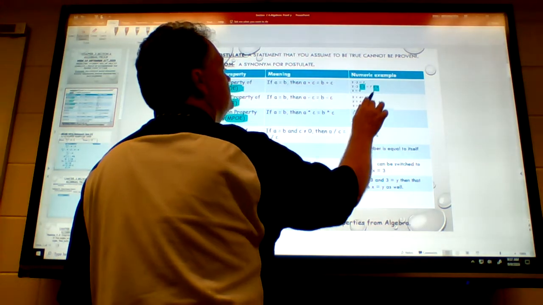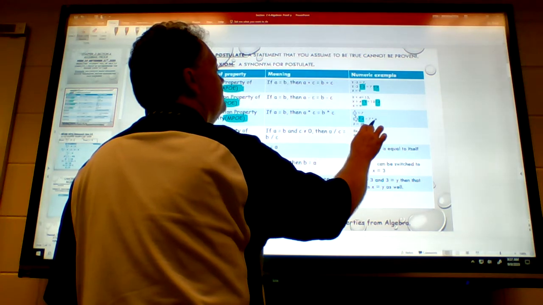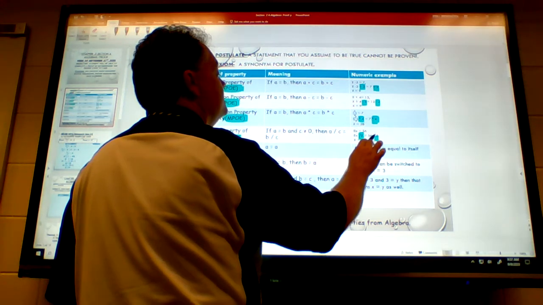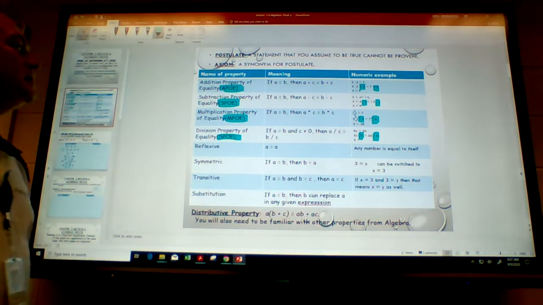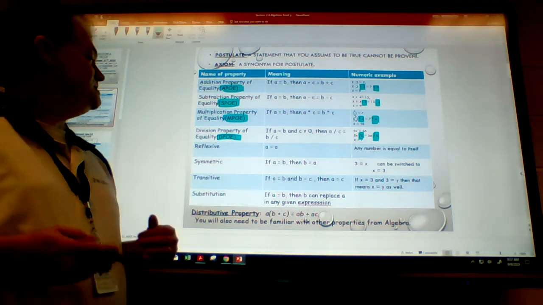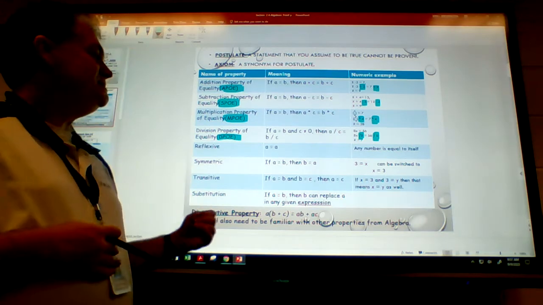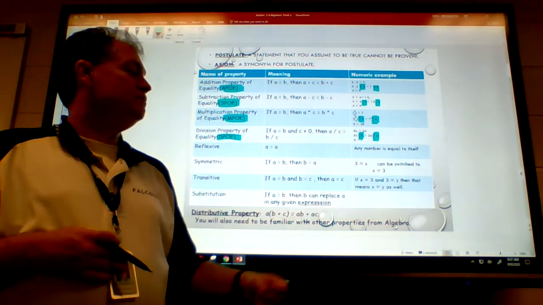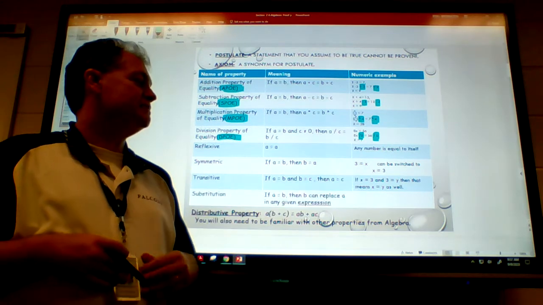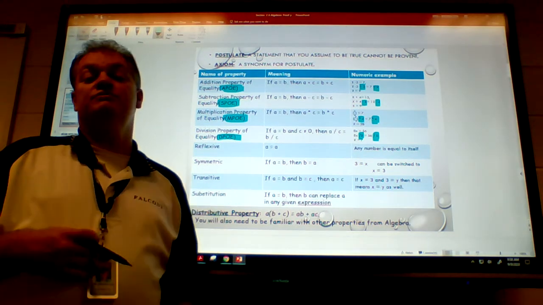Add 2, subtract 4, multiply by 4, divide by 8. Then reflexive means anything's going to be equal to itself. Symmetric means that the order could be switched around. Transitive means if two items equal a third item. So for example, x equals 3 and 3 also equals y, then that means that x also equals y.